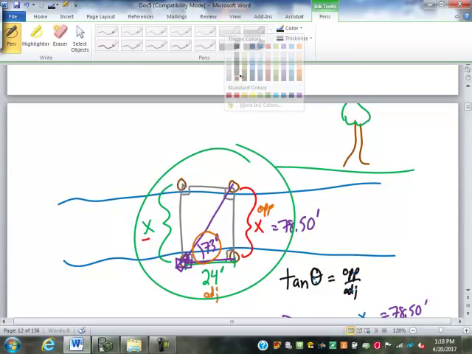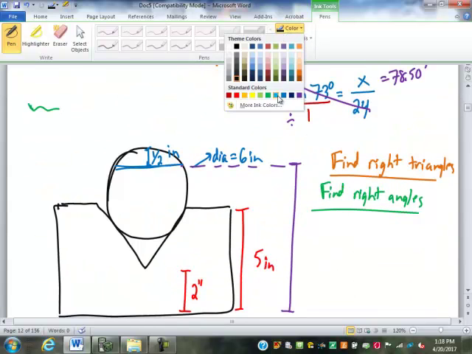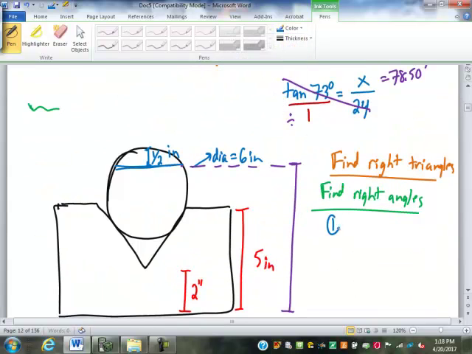Well, in that one, you've got the ground that's horizontal, you got the tree that's vertical. Horizontal to vertical form a right angle. So you've got one way to find right angles is they're given as right angles.